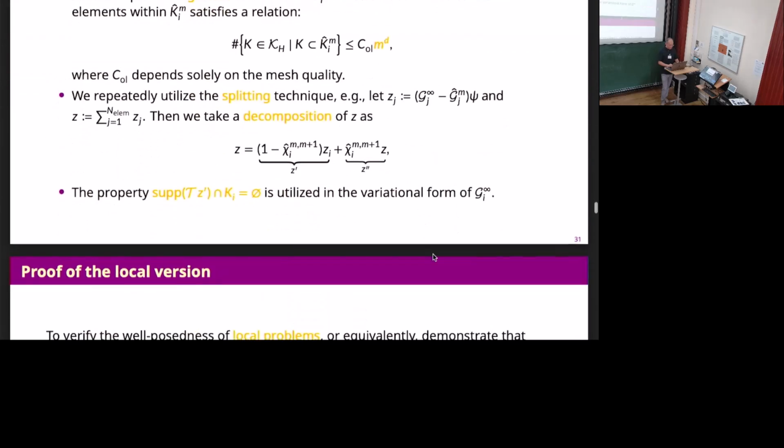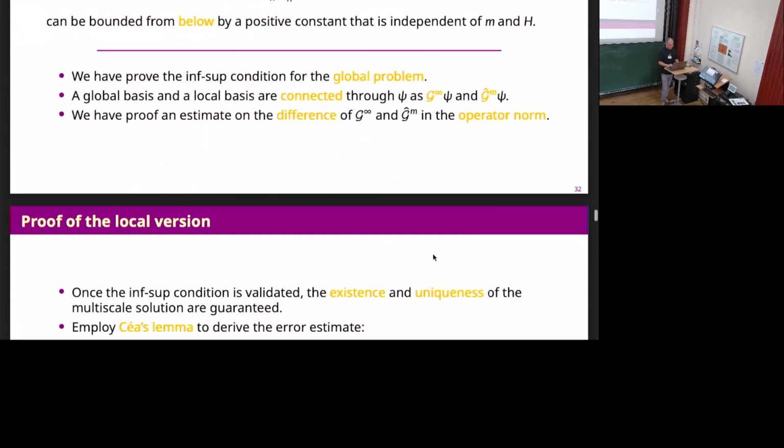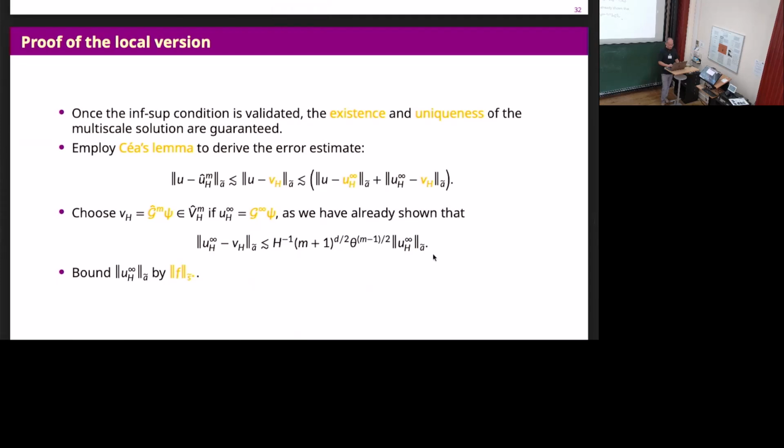Maybe I should also mention that to show the final error bound for the approximate solution using the local basis, we make use of the CS lemma, and we divide the solution into two parts.